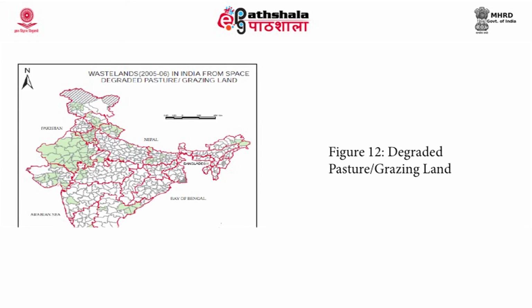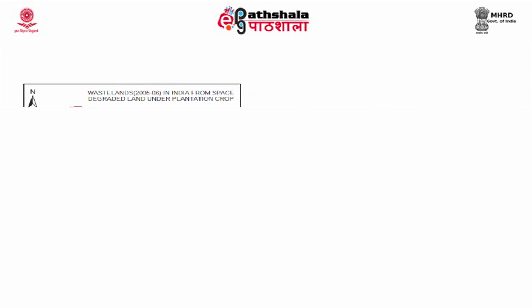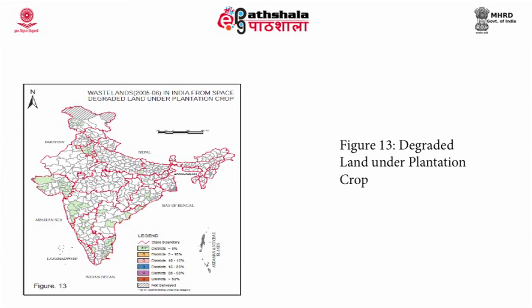The next map shows 110 districts that have wasteland area less than 5% under degraded pasture or grazing land and 1 district that has 10 to 15%. The next map shows 61 districts have less than 5% area under wasteland, whereas none of the states or districts have any higher percentage of area.